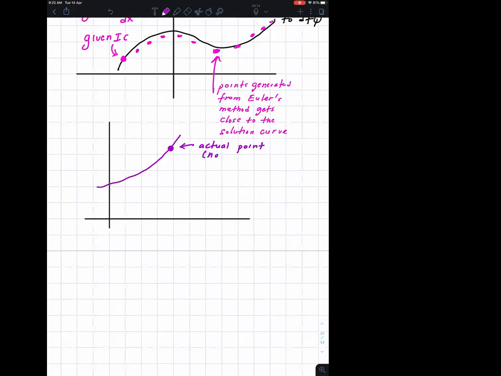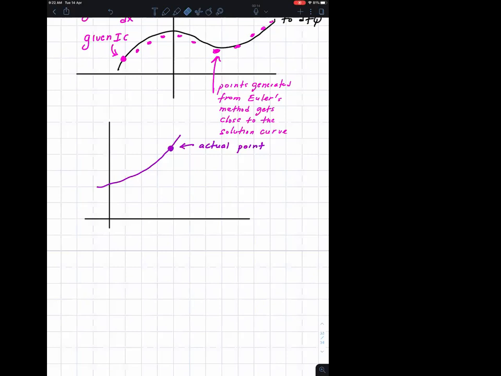It's not possible to find. Assume it's not possible to find, I don't want to confuse you. This actual point, which is not possible to find, you're trying to predict using Euler's method.